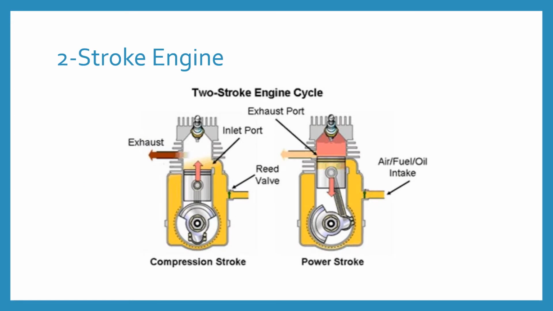So students, let's start with the 2-stroke engine. As we know, the 4 strokes of the 4-stroke engine are suction, compression, combustion and exhaust. Of these, the suction and the exhaust strokes could be served by an alternative arrangement.